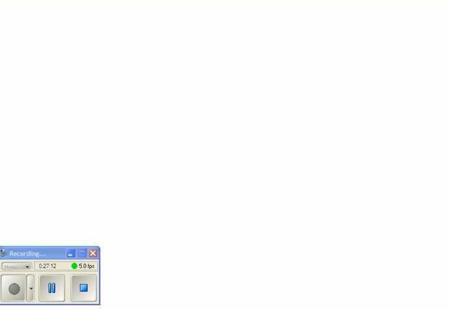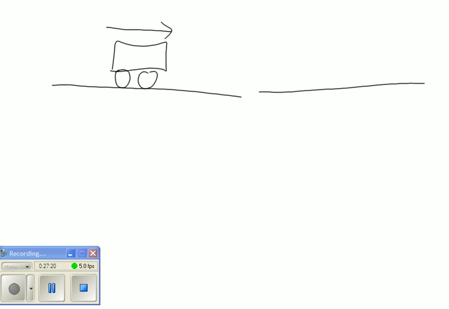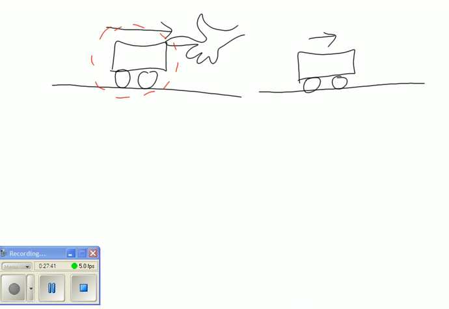We see the same pattern if this cart is zipping along with a certain amount of energy due to its movement, and a hand from outside the system exerts a force to slow it down, so that later it's moving more slowly.